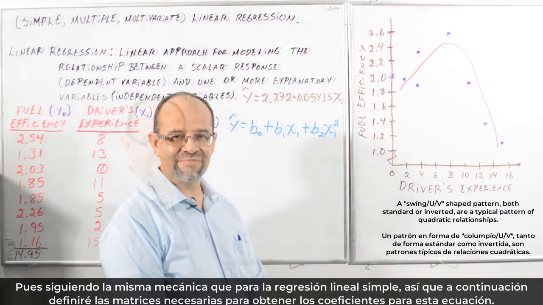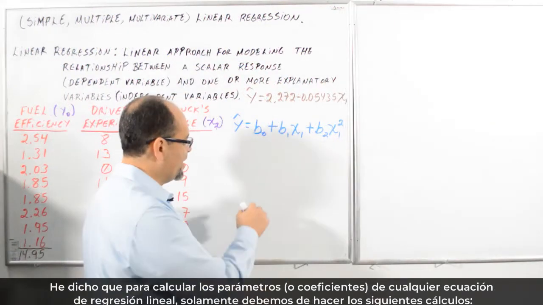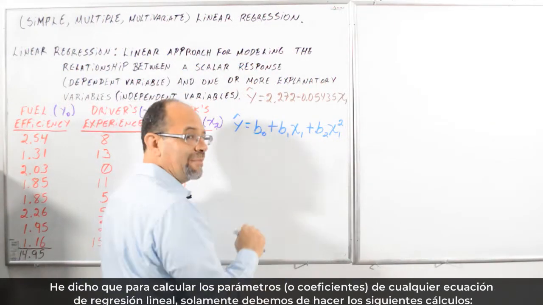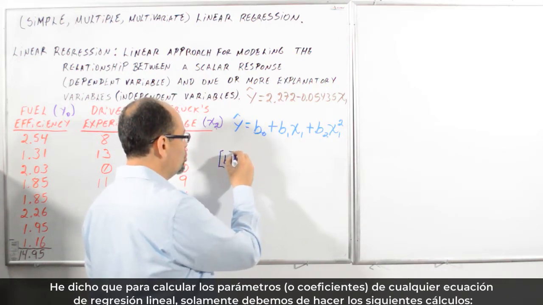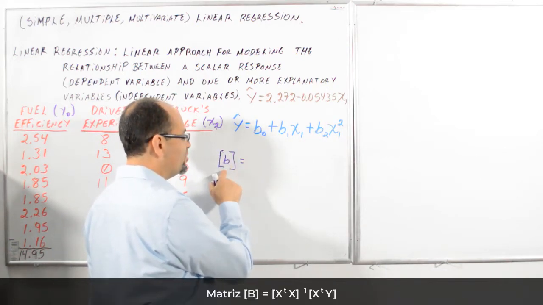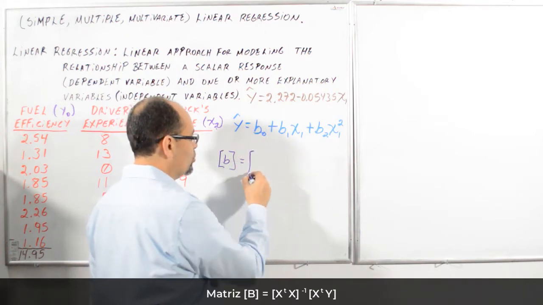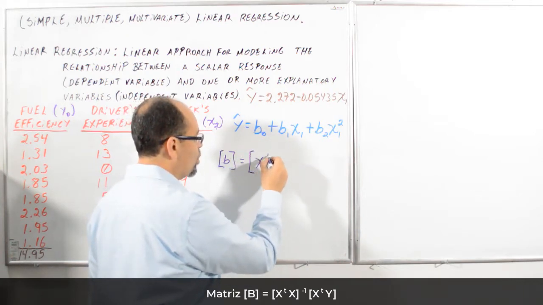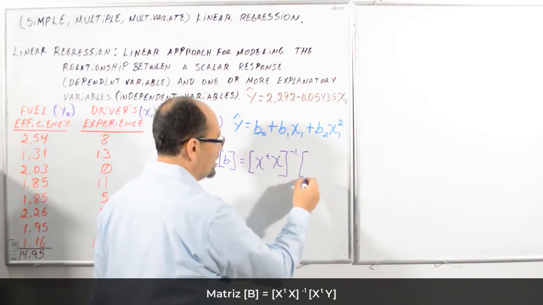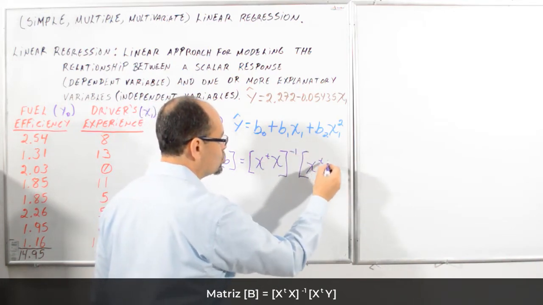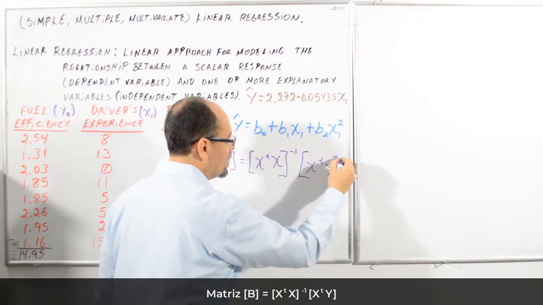Let's do that. I have said that to calculate the parameters of the equation, all we have to do is this calculation. Matrix B is equal to (X transpose X) inverse, X transpose Y.